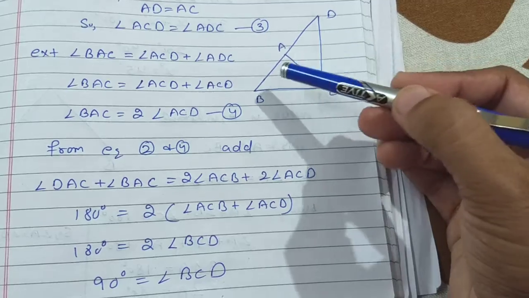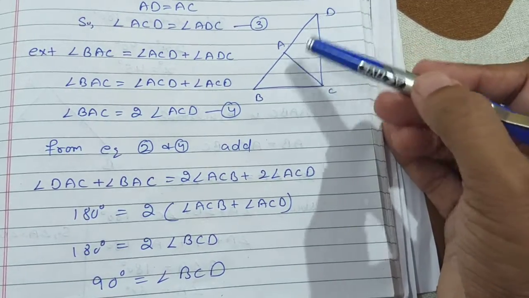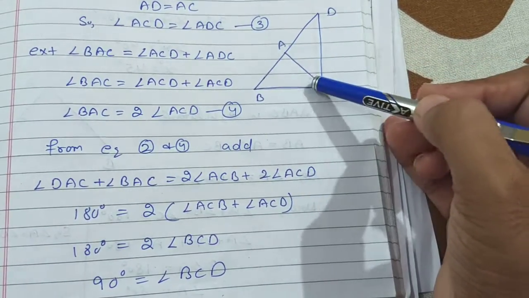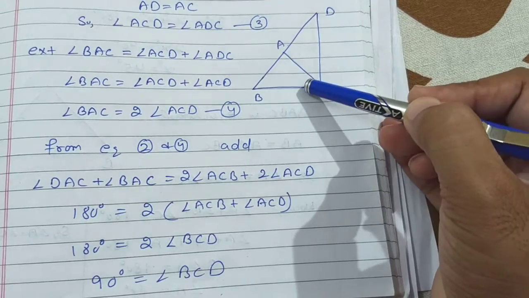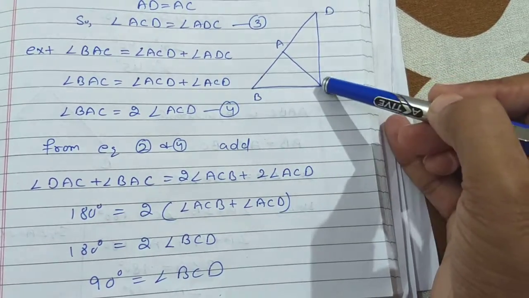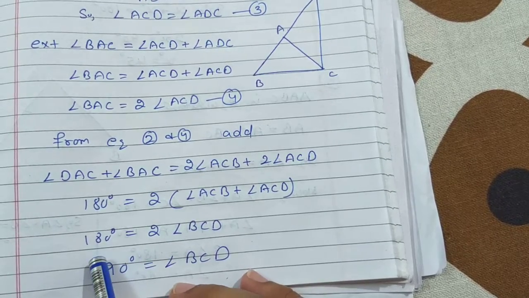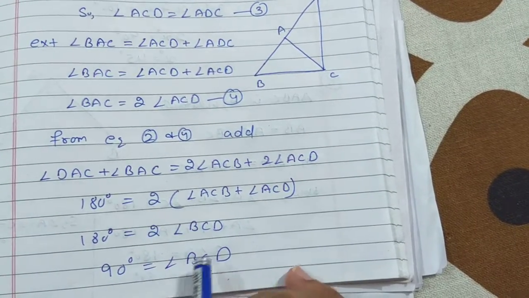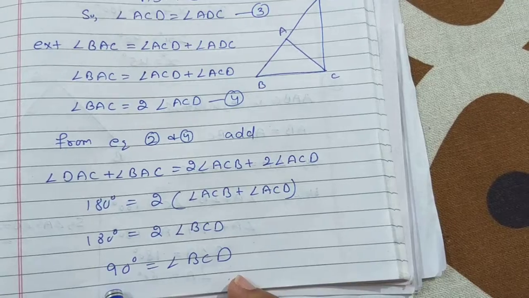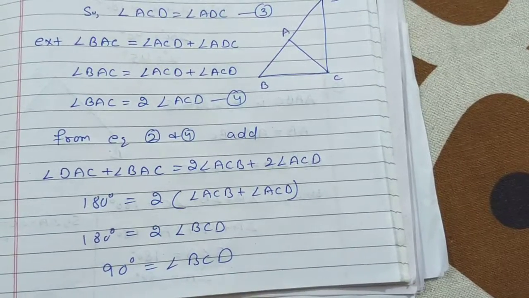So just check it, that angle ACD and ACB, sum of these two angles is angle BCD, that is 2 and 2 जो है वो 180 को डिवाइड करेगा, that is 90. So BCD की वैल्यू क्या आ गई हमारे पास 90 डिग्री. So it is a right angle triangle.